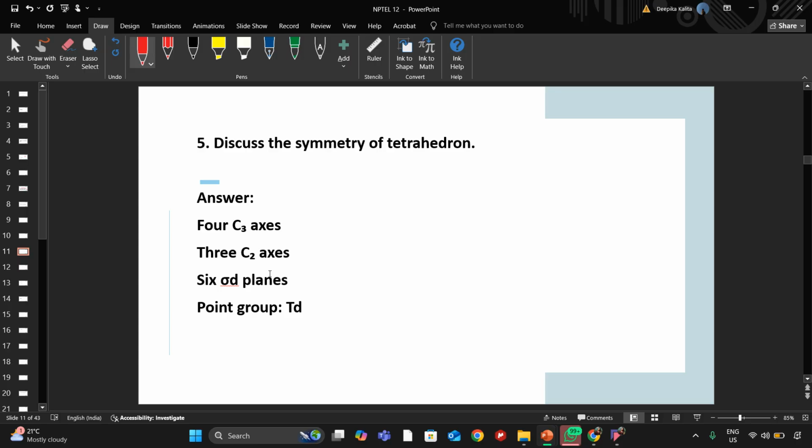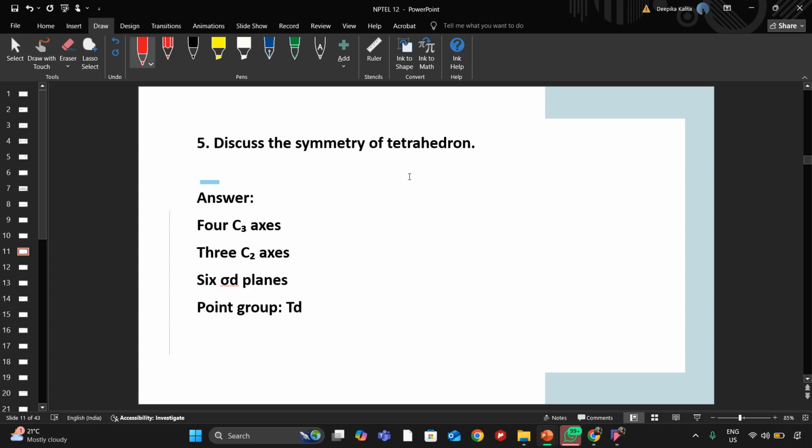And apart from that, three improper axes of rotation are also present in a tetrahedron molecule, which will be S4. Okay, that means you must remember that a tetrahedron does not itself contain C4 or sigma H, but it contains combinations of C4 and sigma H to give us three improper axes of rotation.